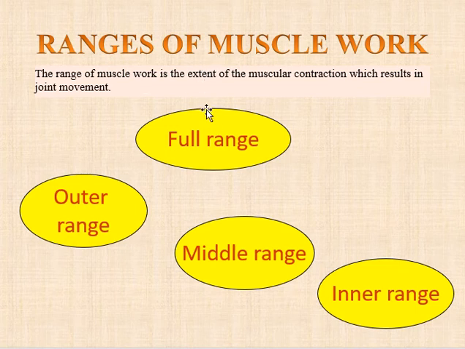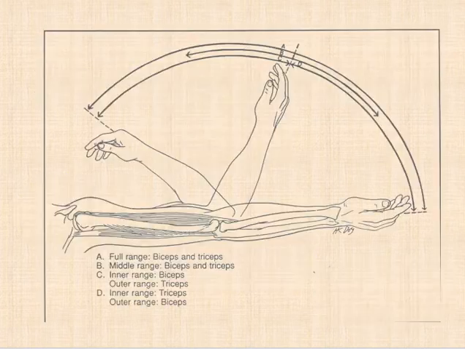Basically, range of muscle work is the extent of the muscle contraction which results in joint movement. It is further divided into full range, then outer, middle and inner range. Look at this. This is full range and middle range. It is middle range for both biceps and triceps muscle.